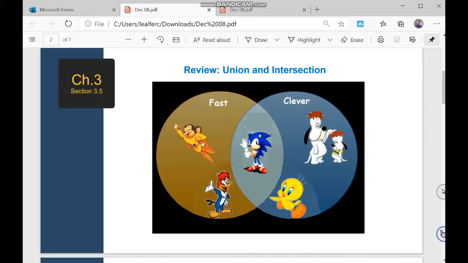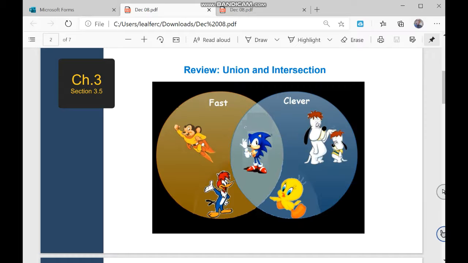But if we're talking about intersection, and intersection is the tricky one. The intersection of all the fast characters intersected with the clever characters, we're going to have the characters that are fast and clever, both fast and clever.